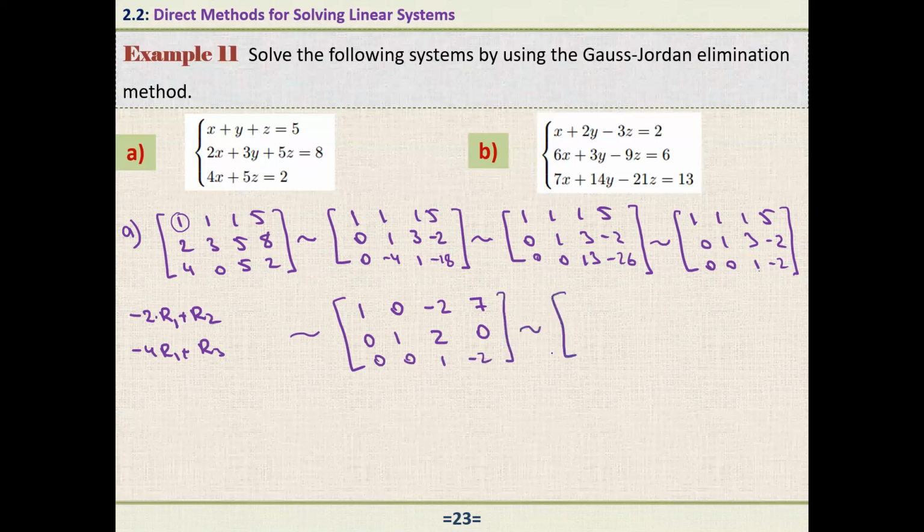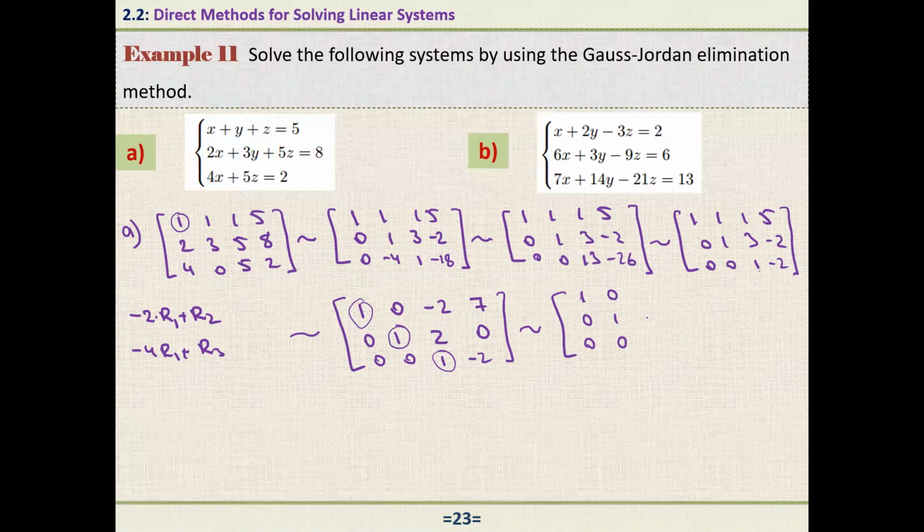Just simplify this. With this we are done, no problem. Now above this pivot we need to create zeros. The first row, 1, 0, 0, will not change, and the second row, 0, 1, 0, will not change. First, I multiply the third row by negative 2 and add to the second row.